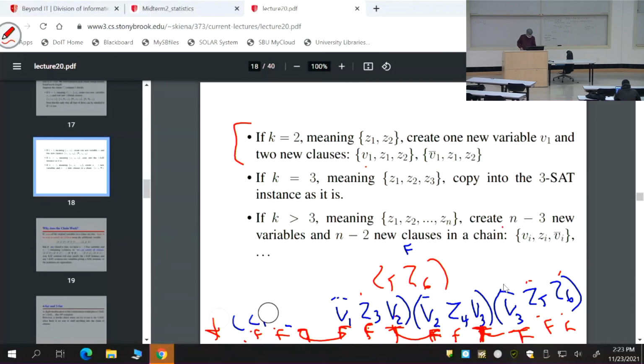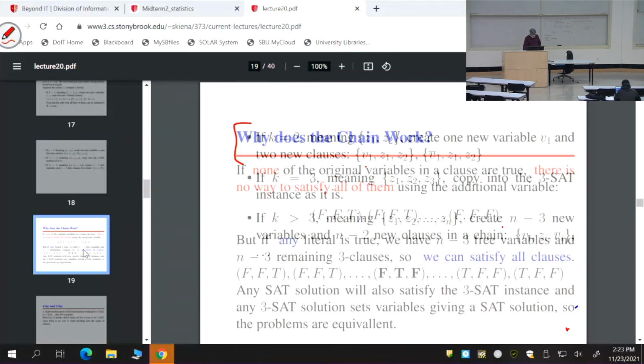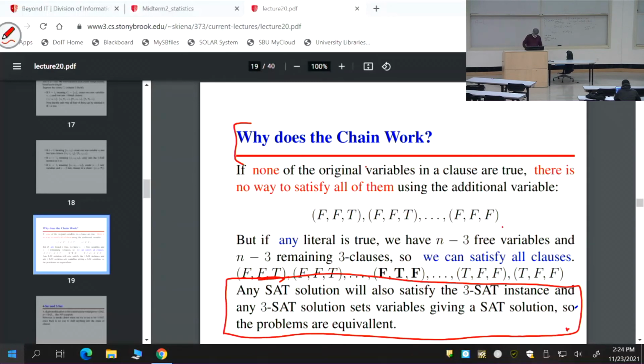Now let's think about this for a little bit more. Okay? What do I like about it? So I've now shown you what? Let's go through my slides just to say it. Why does the chain work? I went through that kind of an argument. Basically, what I've shown you is the important thing was this. Any SAT solution will satisfy the 3-SAT instance I created, and any 3-SAT solution to my 3-SAT problem will tell you how to set the variables in your original SAT problem.